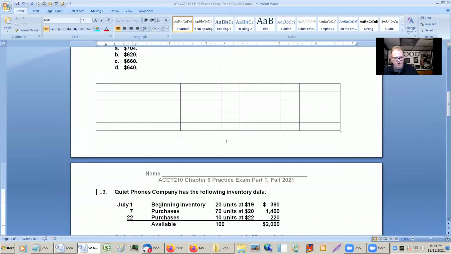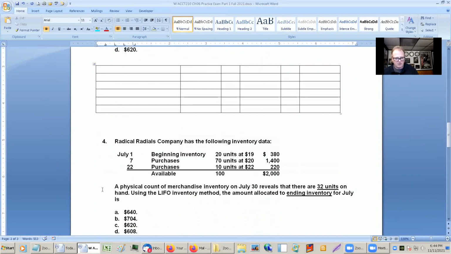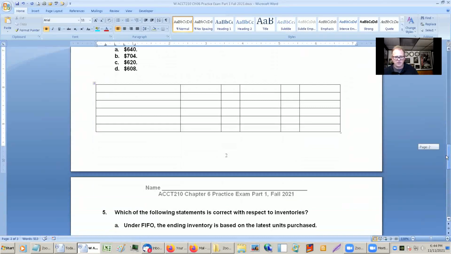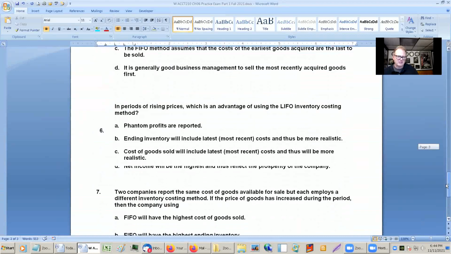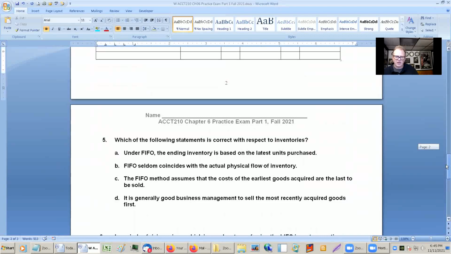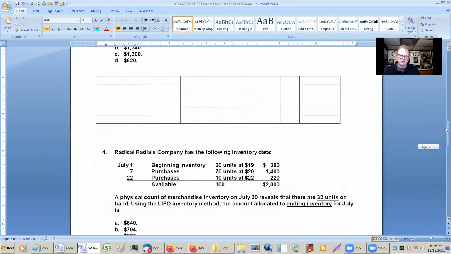The first 4 are the tough ones. Those are LIFO, FIFO. 5, 6, and 7 are more theoretical kind of ones, but they're less calculating, obviously.